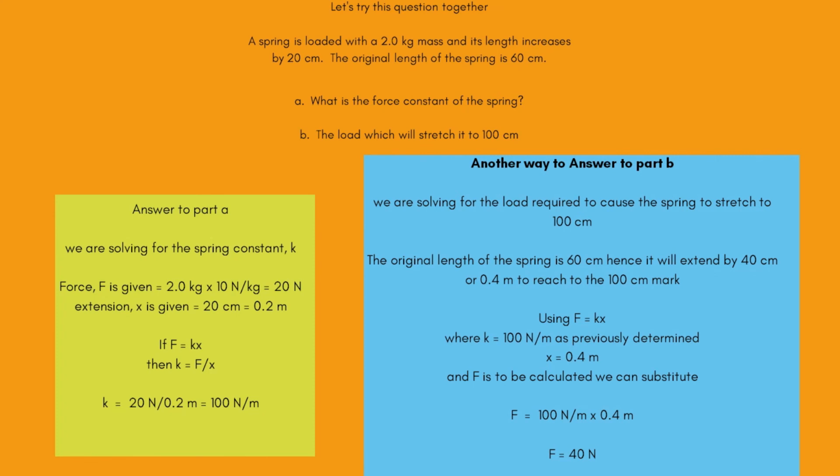Using force equals the spring constant times extension, where K was already solved and found to be 100 newtons per meter, X is also equal to 0.4. X represents extension, and F is to be calculated. We can simply substitute. Multiplying 100 newtons per meter by 0.4 meters would give you the same 40 newtons.